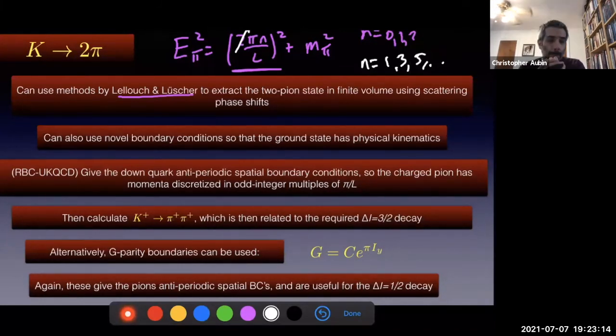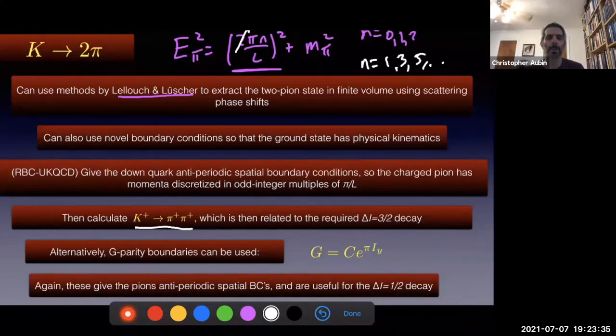But you could calculate an unphysical process, and this is something we love to do on the lattice: calculate unphysical processes that can be related to physical ones. In this case, k plus going to pi plus pi plus is not physical because it's not conserving charge, but we can calculate that on the lattice.